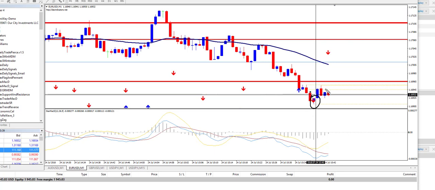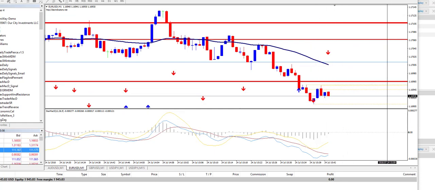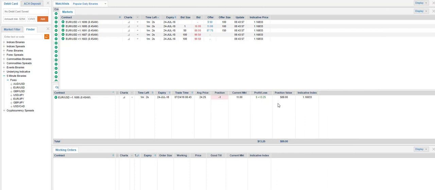This arrow right here is the one that's telling me that we popped up to test this area, and now I think we're going south again. But that comes with experience. I'm not trading like a novice here. You can see 59 seconds. We're going to be on the win side.